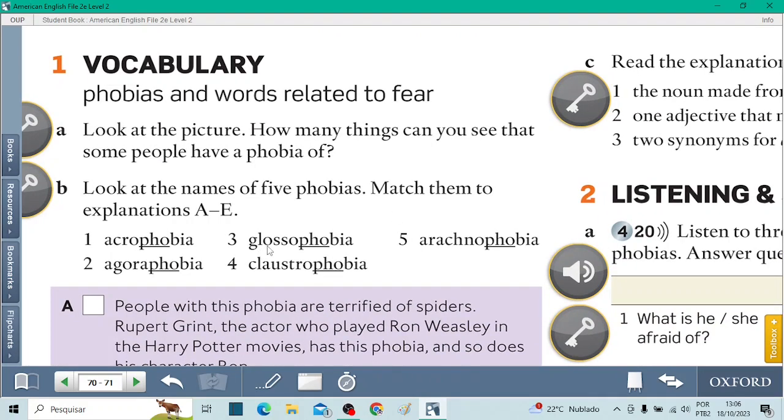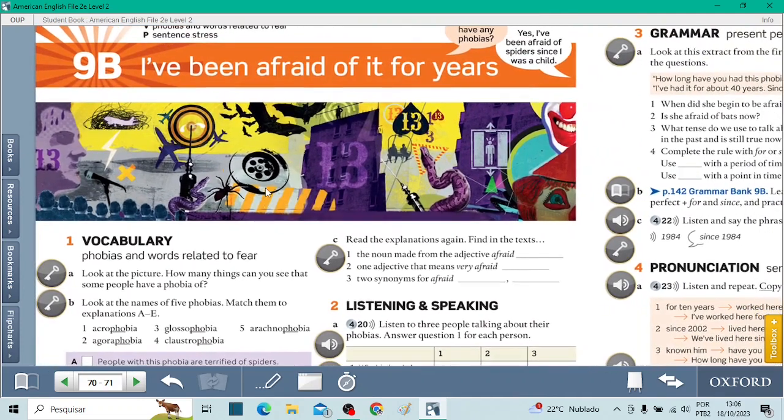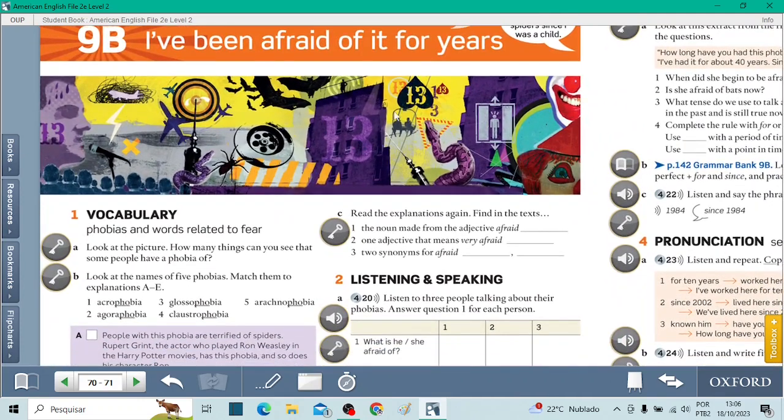To start, we are going to take a look at the picture we have up here. How many things can you see that some people have a phobia of? So here, this is the picture. We have many different kinds of fears and phobias that people usually have. For example, afraid of flying, right?